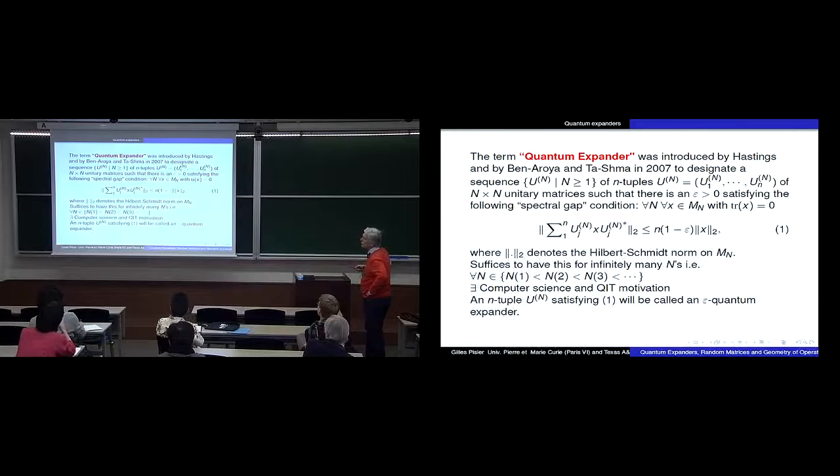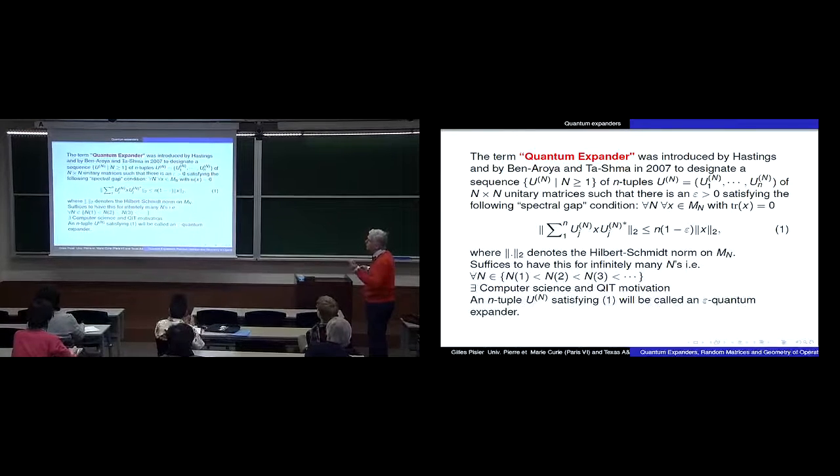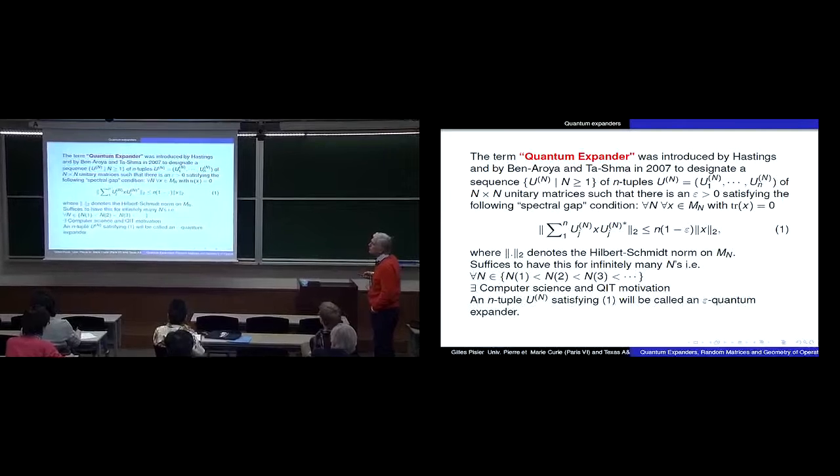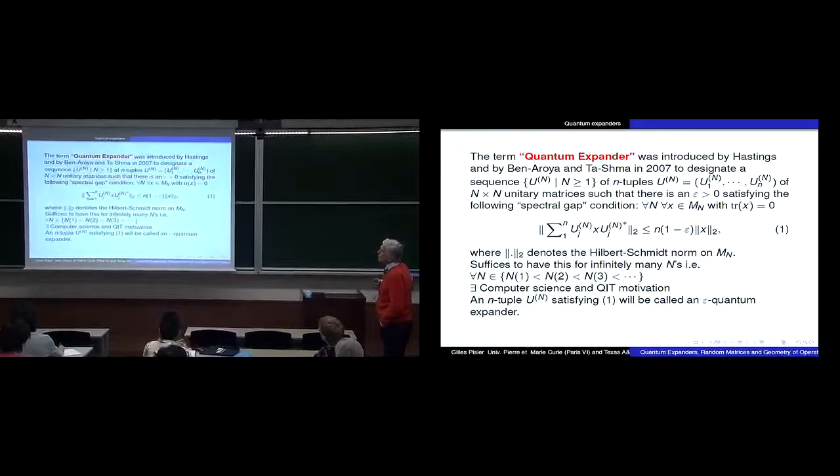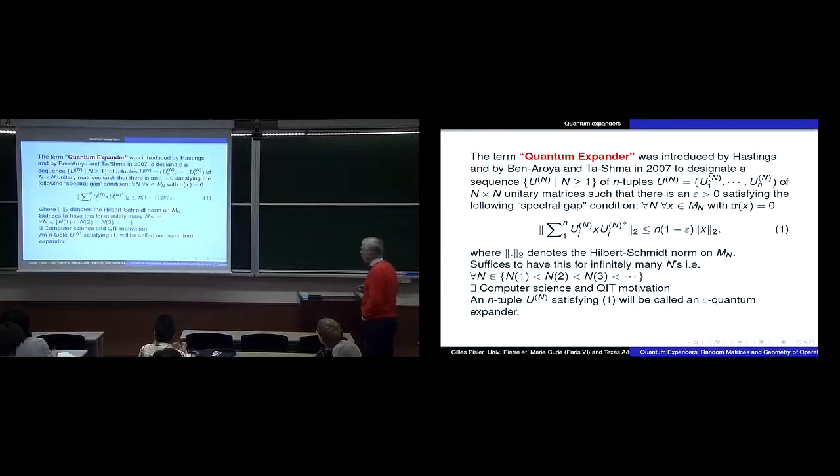These multiplications are unitary, so they preserve the norm which we use here, which is the Hilbert-Schmidt norm, or the Euclidean norm on C to the N squared. Very simple norm. I think in representation theory they call it the Frobenius norm, but I call it the Hilbert-Schmidt norm because I care about infinite dimensional objects. And that's what we mean by a quantum expander.